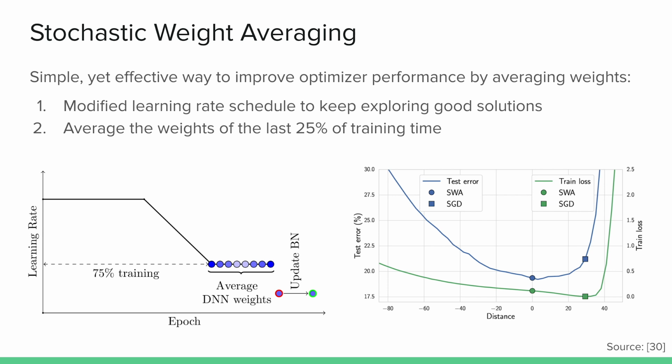And stochastic weight averaging works in tandem with any other optimizer because you just perform stochastic gradient descent as you would do it before, but you just keep track of those weights and average them in the end. So it's a very simple yet effective way how you can improve potentially the performance of your neural network even further.